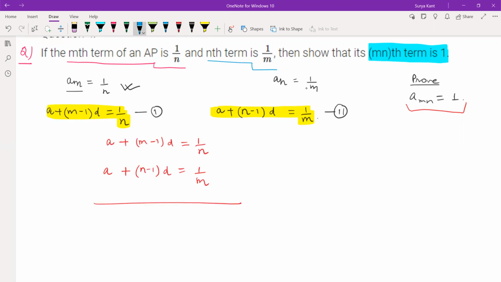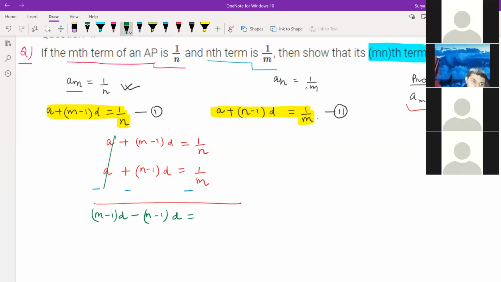Subtract this, what do you get? Minus minus. So this will get cancelled. We can write here (m minus 1) into d minus (n minus 1) into d is equal to 1 by n minus 1 by m.